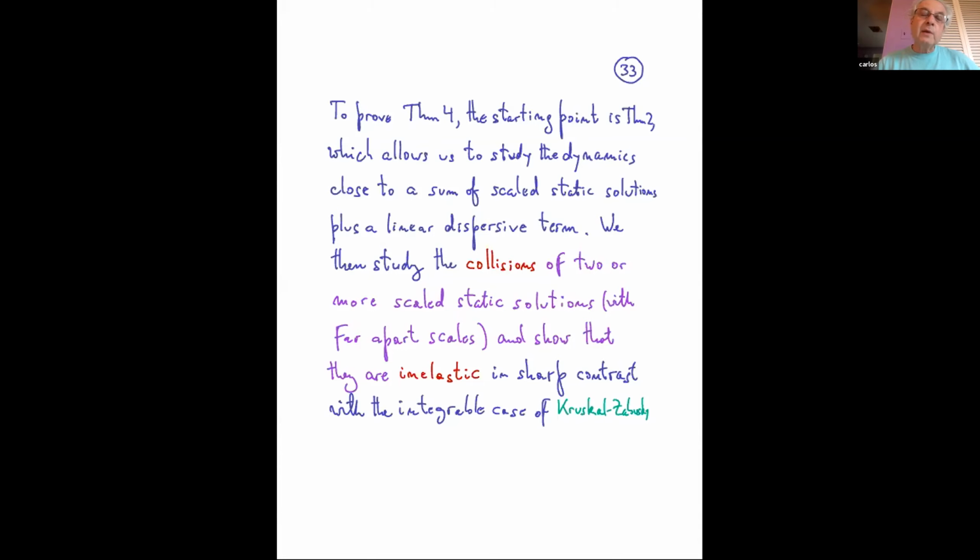Then once you put yourself in that setting, what you need to do is study the collisions of two or more scaled static solutions with scales that are far apart from each other. And now we have to show that those collisions are inelastic, in contrast with the integrable case that was in the experiment of Kruskal-Zabusky. So these collisions are always inelastic in these non-integrable settings. And this is what gives us the full Soliton resolution.